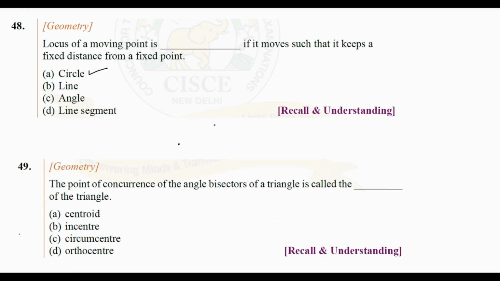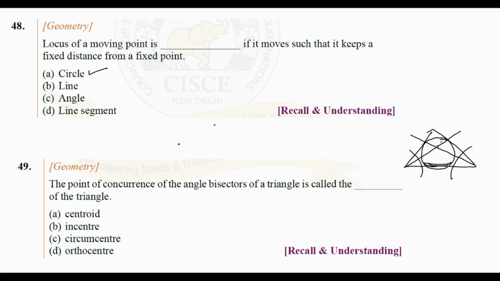The point of concurrence of angle bisectors of a triangle is called. Say for example, you have a triangle here. I am drawing the angle bisectors. I'll bisect the angles. You must know this from the lesson on construction, where angles are bisected, if I want to draw the incircle. Clear?